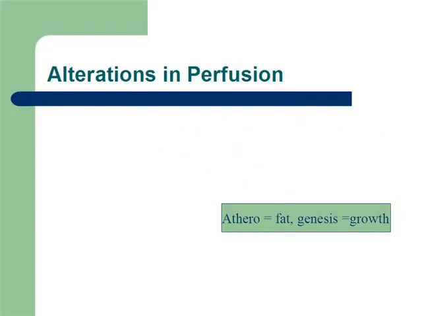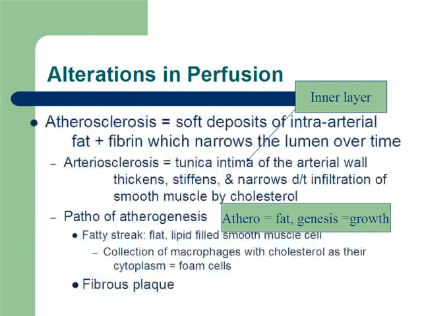Alterations in perfusion can also occur, and usually this is going backwards, I don't know why it's showing in here backwards, but anyway, atherosclerosis is when you have the soft deposits of intra-arterial fat and fibrin, which narrow the lumen over time.